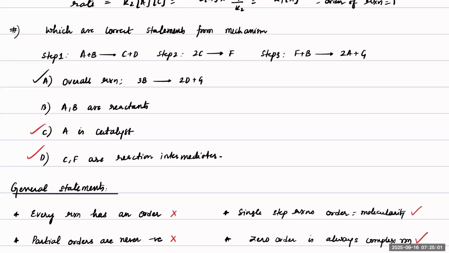So therefore, we can say the overall reaction is 3B giving 2G plus G, and A and B are reactants, with A being a catalyst, C and F being intermediates. Done?